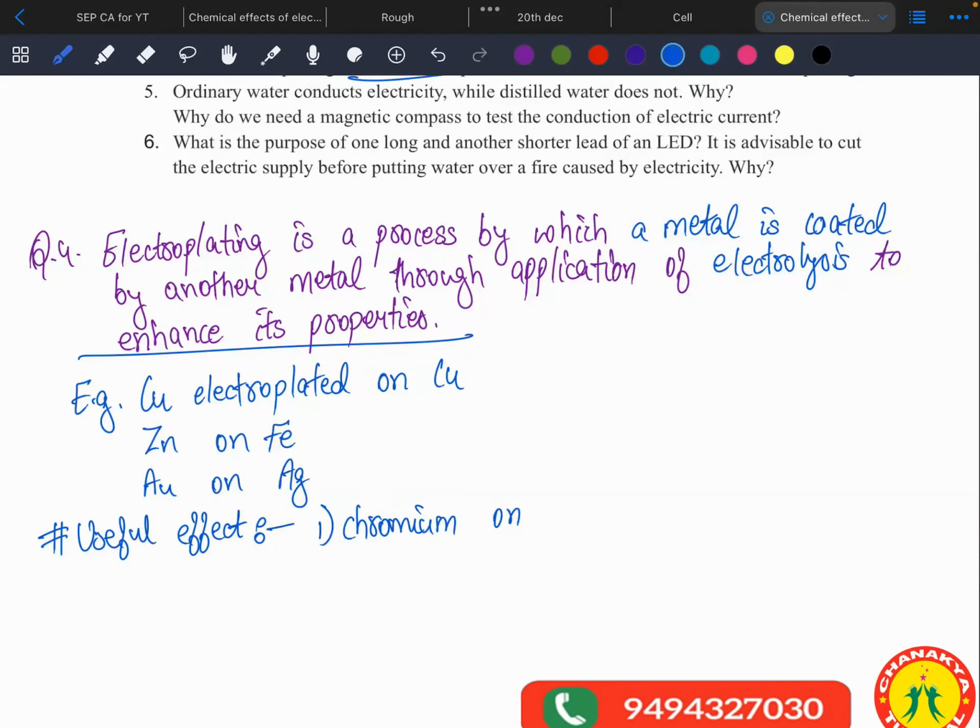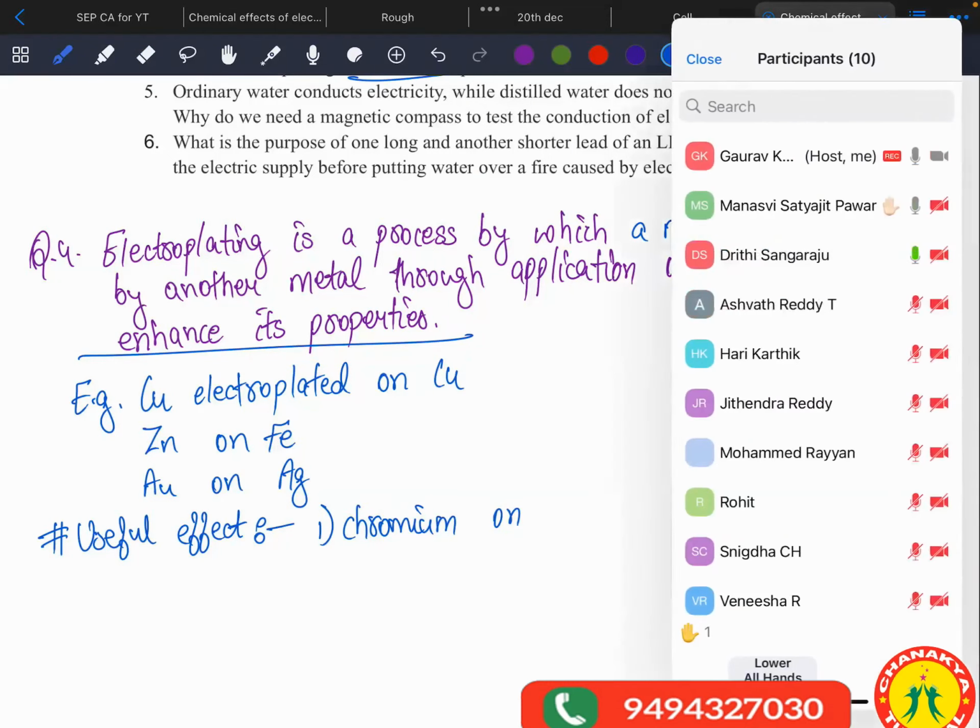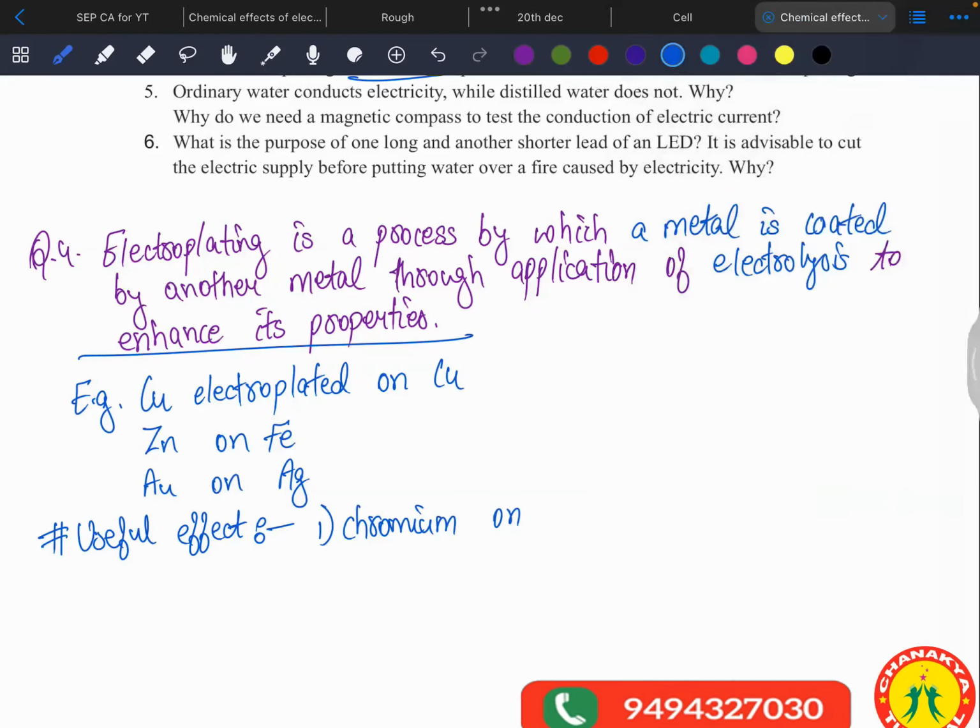Sir, we can also electroplate tin on iron to make tin cans, because iron is a very reactive metal. No, iron is not a reactive metal actually. Sir, but it is cheaper. It will react with food, right?